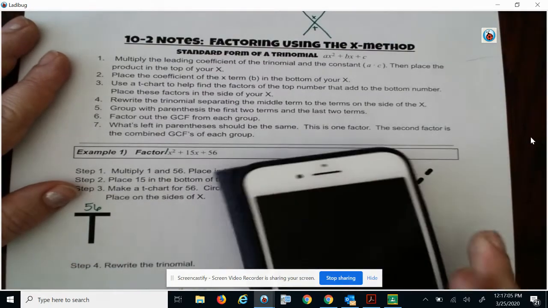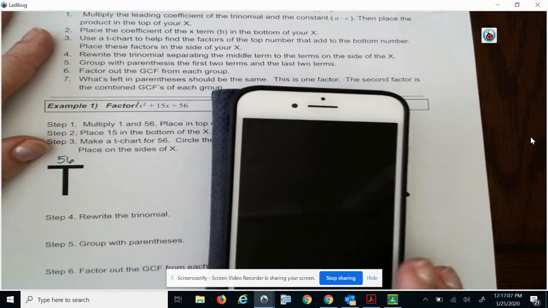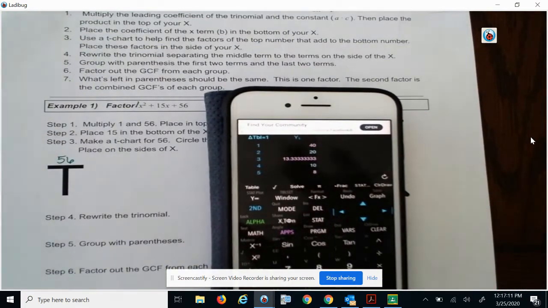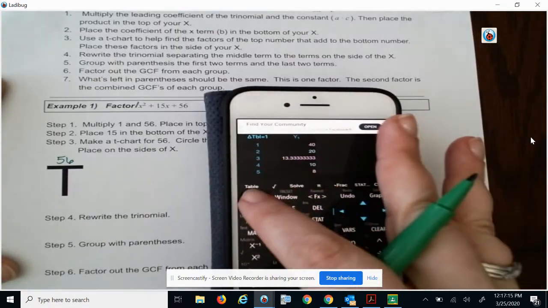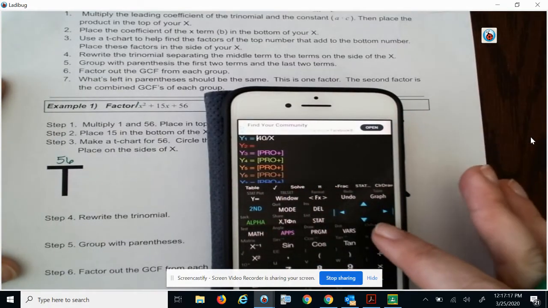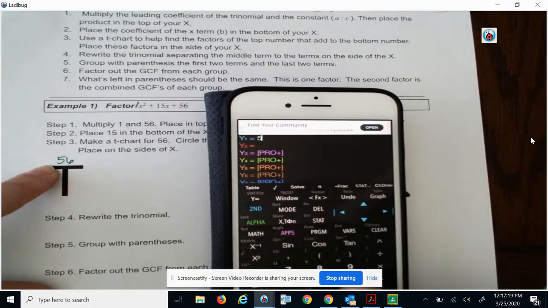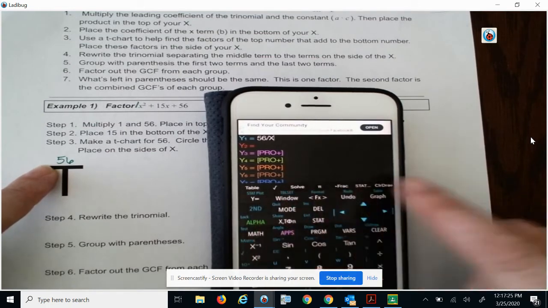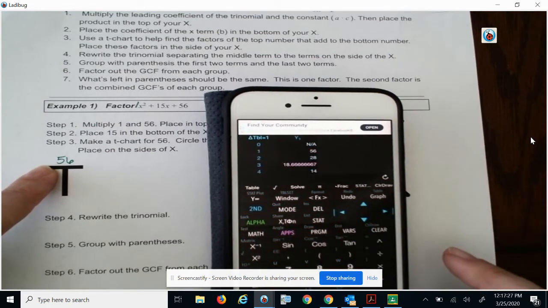I'm going to use the calculator trick just to get some practice for those that need it. I'm going to go to my calculator, and we're going to go to y equals. We'll put our number, 56, divided by x. And then go to your table, so second graph.